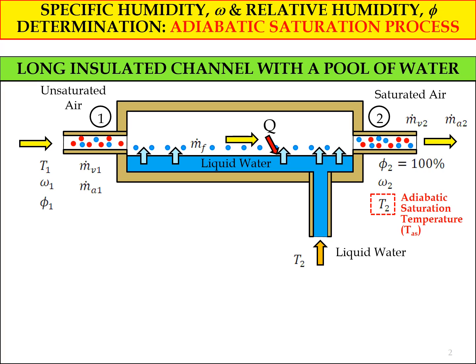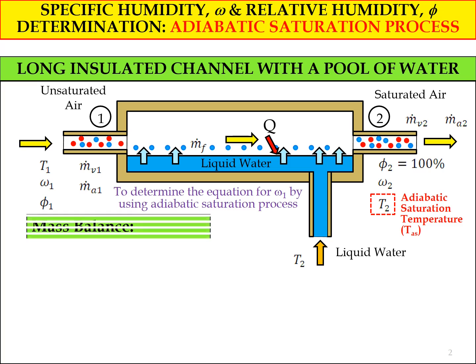Okay, so the T2 value, the temperature at the outlet, is considered as the adiabatic saturation temperature, which is also equal to TAS. The purpose of this explanation is actually that we want to determine the equation for omega 1, the specific humidity at the inlet of the channel, by using the adiabatic saturation process.